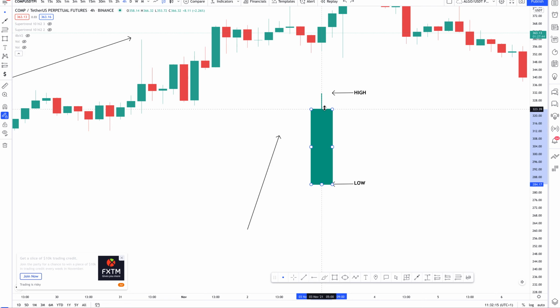You want to buy this particular market, and price is at this point, but you don't want to buy at this point. You want to buy at a more discount price. Now, what you would do is that you would want to see price come down.